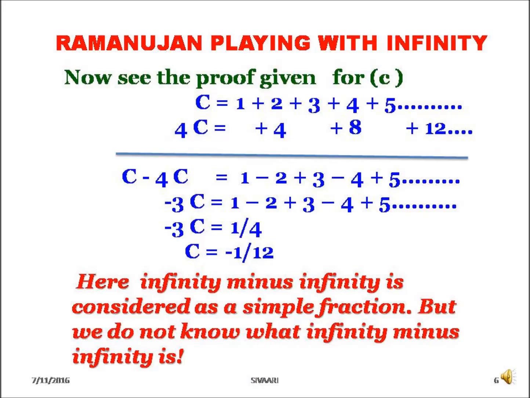C is equal to minus 1 by 12. Here infinity minus infinity is considered as a simple fraction, but we do not know what infinity minus infinity is.